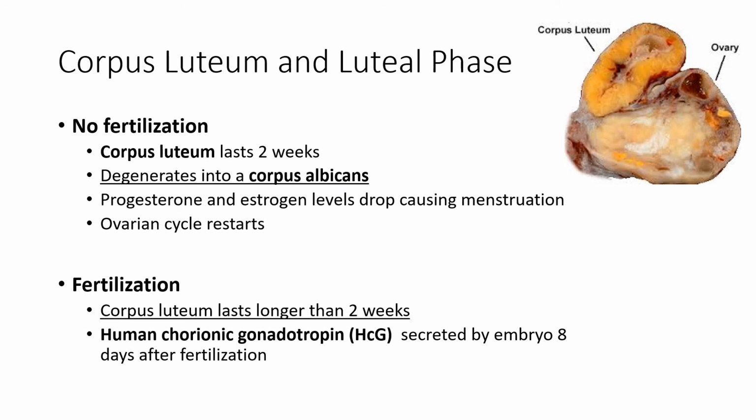Now, remember, there are two outcomes to that follicle. The first is the corpus luteum, which we just talked about. This is going to release progesterone and a little bit of estrogen. If it receives word back from the uterus that there has been a fertilization, the corpus luteum is going to hang out until the human chorionic gonadotropin and other structures found within the developing fetus and extraembryonic membranes can maintain that pregnancy. So that's why we talked about this in the endocrine chapter.